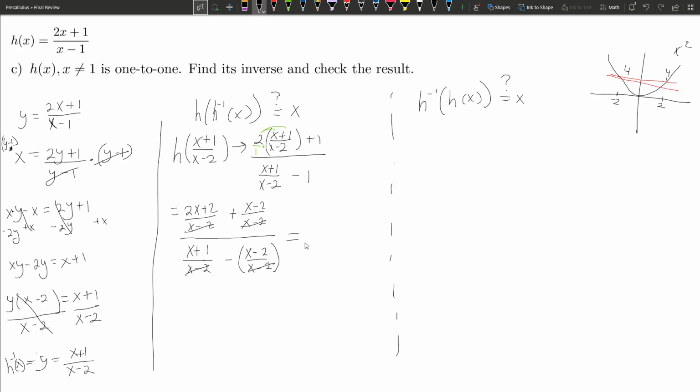If you could get every single piece that had the same denominator, you could pretend it's not there. And now we just remain with the top, which is just 2x plus 2 plus x minus 2, all of that over x plus 1. Now, because this is a minus, and you have to minus this thing, you have to think about this as a minus 1, and we have to distribute that minus 1, right? So that's a minus x plus 2.